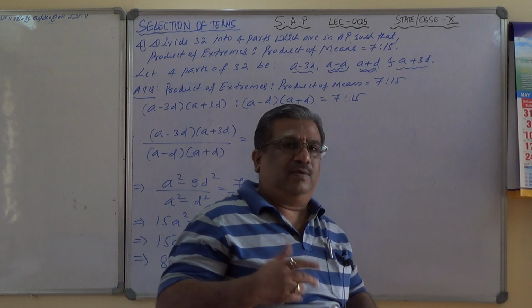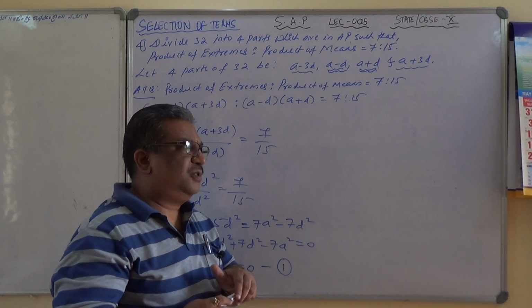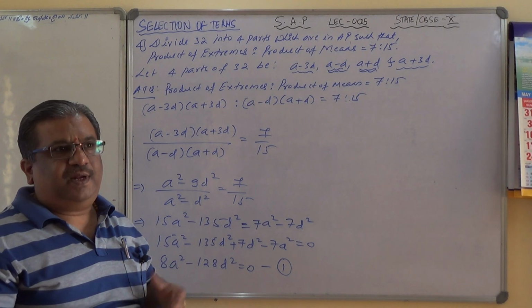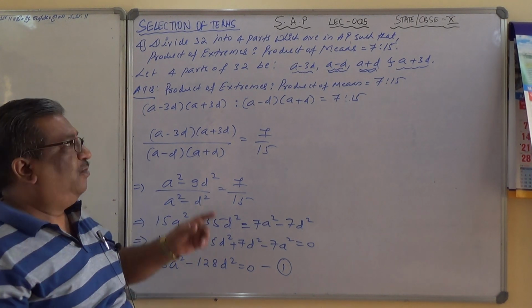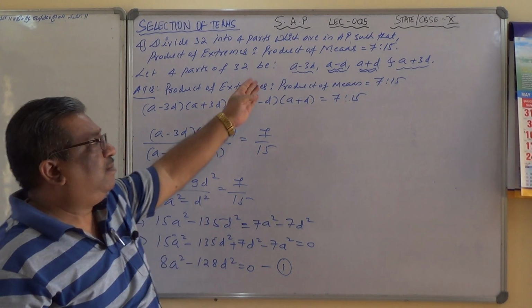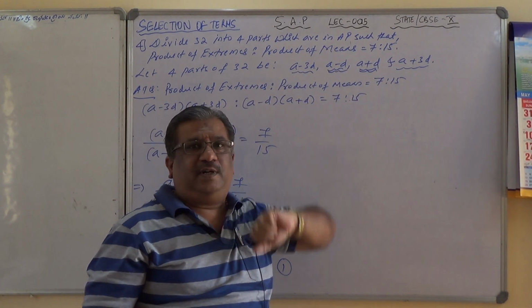So there are two unknowns. When there are two unknowns, you need two equations. Where is one more equation? We are dividing 32, isn't it? Means the sum of all these terms should be equal to 32.